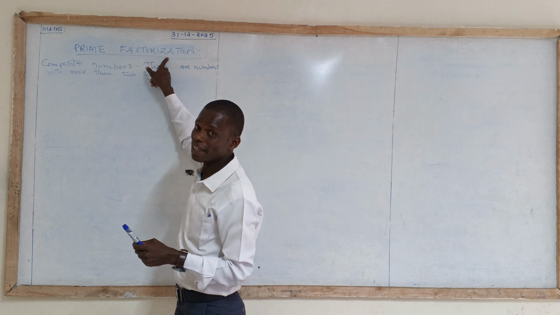So let us write prime factors here. We are not going to leave anything to chance. We must know everything. Composite numbers, these are numbers with more than two factors. Prime factors.